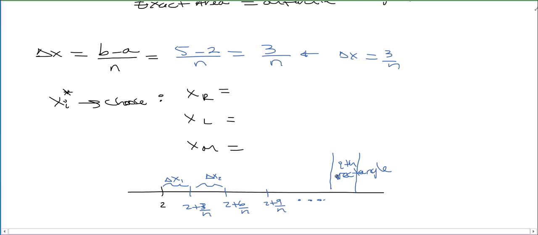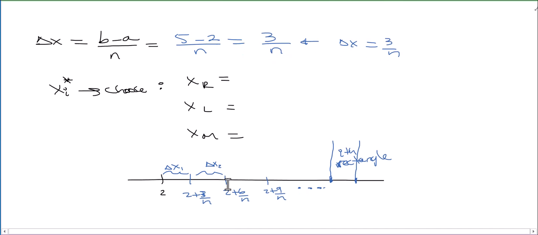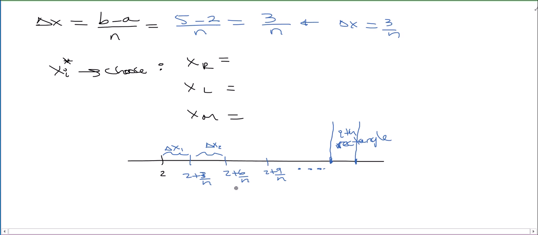And so the question is, okay, that's the one we're focusing on. We're adding 3 over n every time. So notice that when it's the first rectangle, it's 2 plus 3 over n. When it's the second rectangle, this is really 2 plus 2 times 3 over n, or delta x.